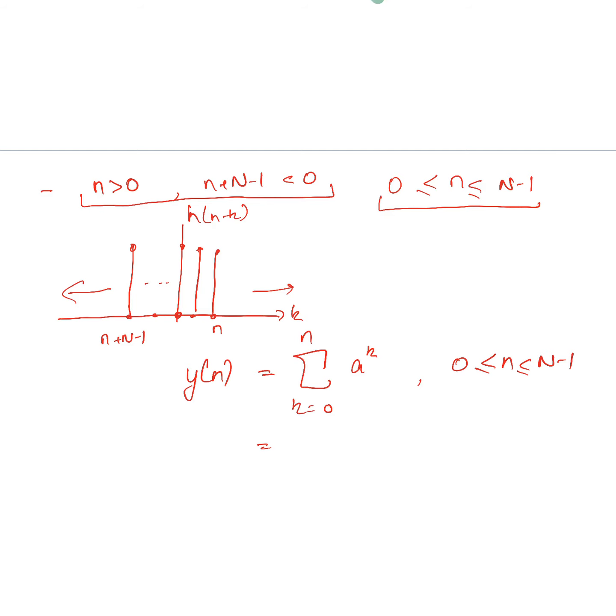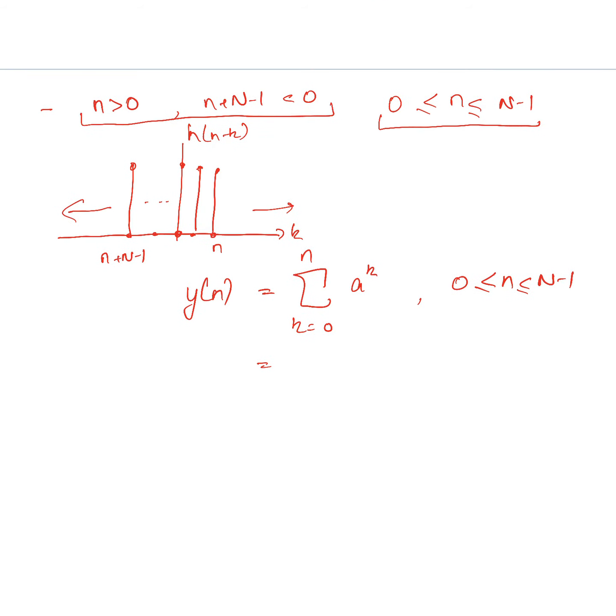Now using the geometric series formula, you can compute this summation, which is given by 1 minus a to the power n plus 1 by 1 minus a, for n lying between 0 to n minus 1.